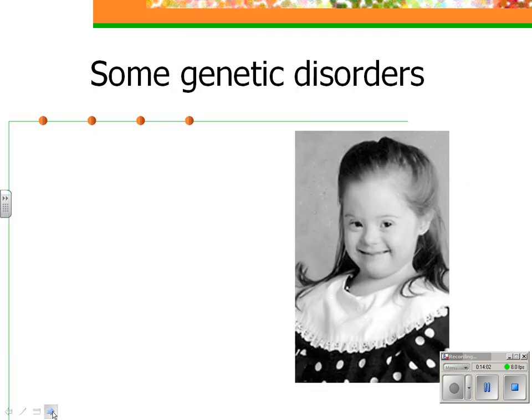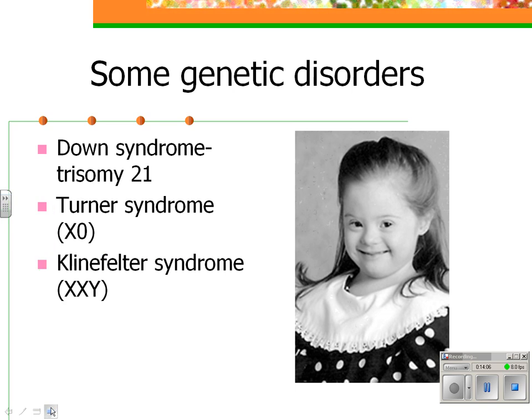Here are some genetic disorders caused by this problem. Down syndrome is when you actually get 3 chromosome number 21s. Some of you here know people with Down syndrome.